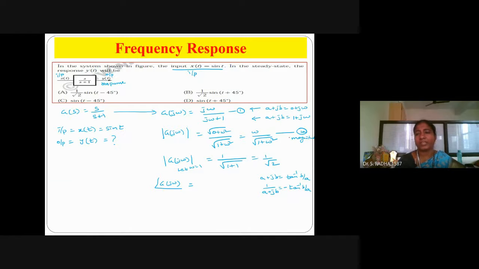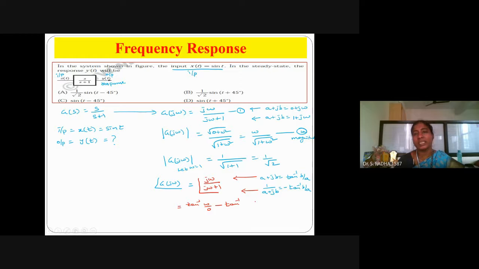For denominator factors, we take minus tan inverse. Now I am going to calculate the angle of equation 1, j omega by j omega plus 1. Numerator we have a plus jb, denominator we have 1 plus jb. Numerator angle is plus tan inverse imaginary by real part, and denominator factor it is minus tan inverse.